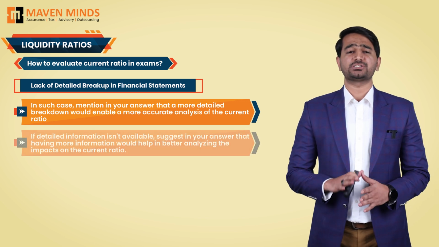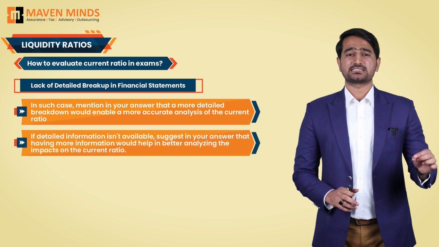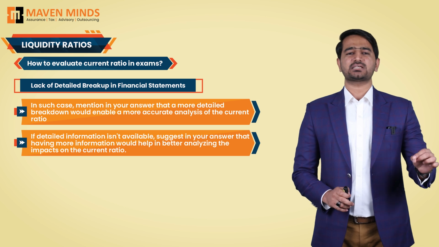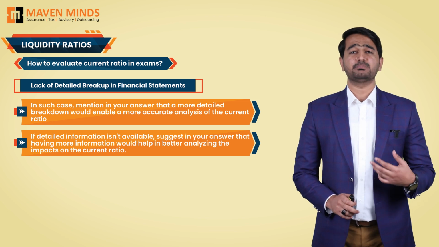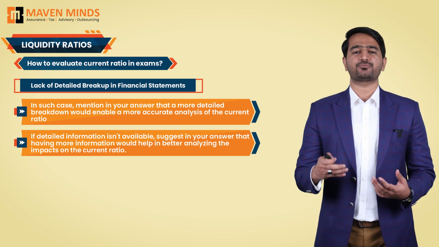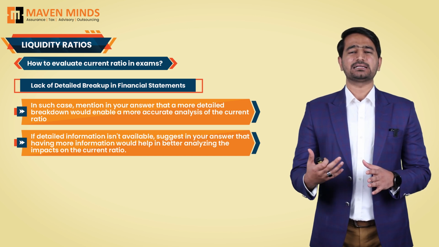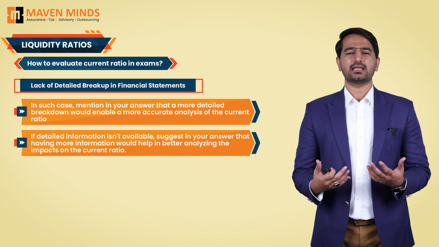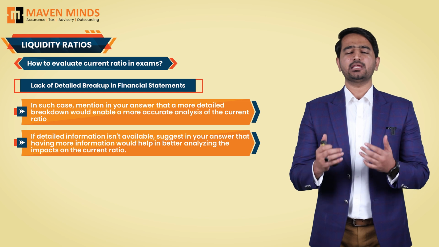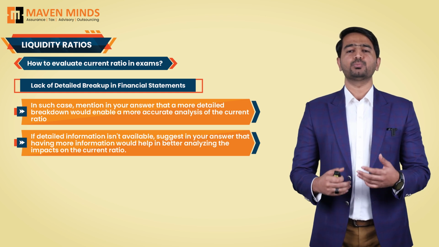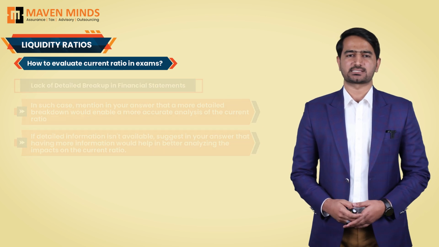If detailed information is not available, suggest in your answer that having such data would help in better analyzing the impact of current ratio. This approach shows your critical thinking and understanding of how detailed information contributes to more robust financial analysis.